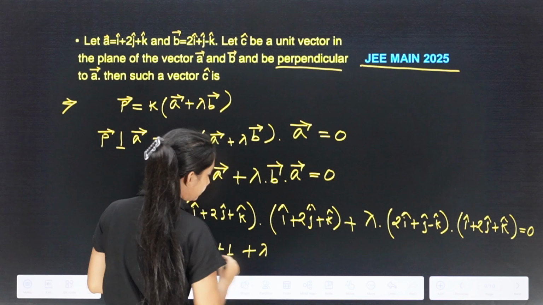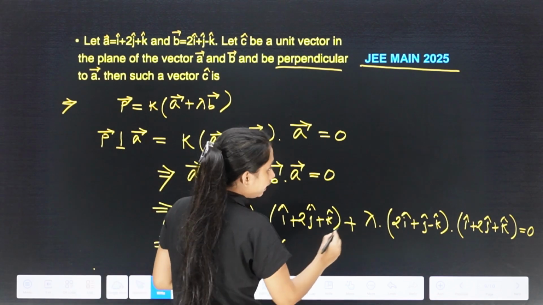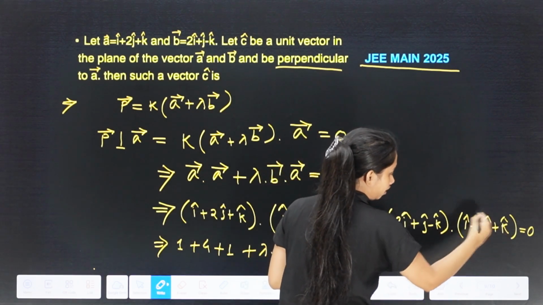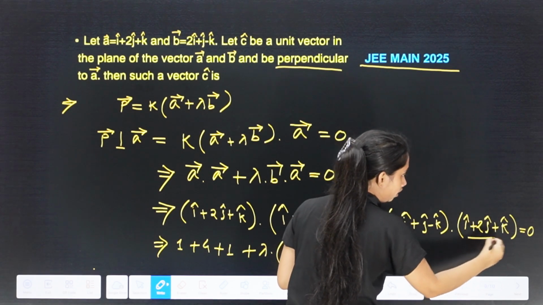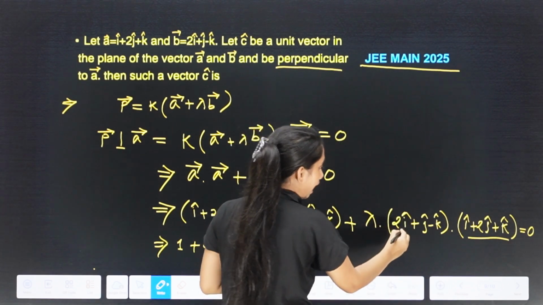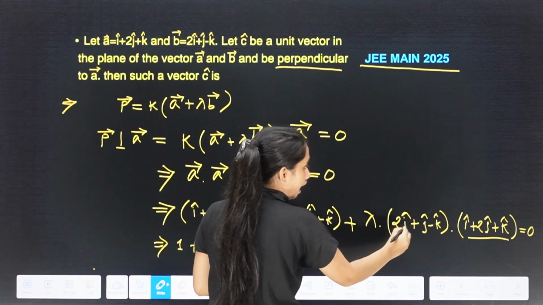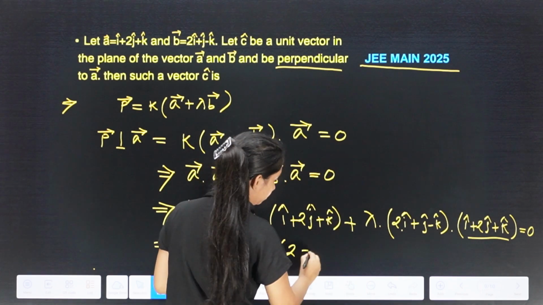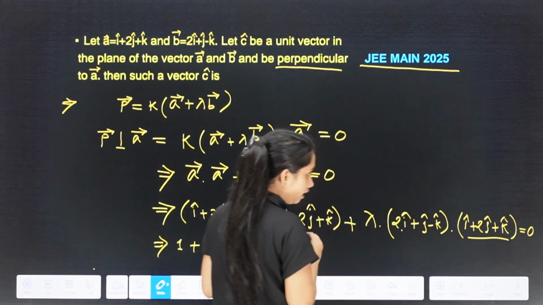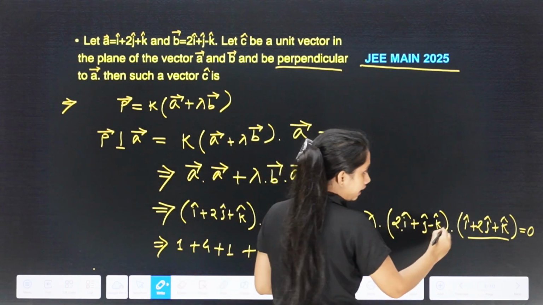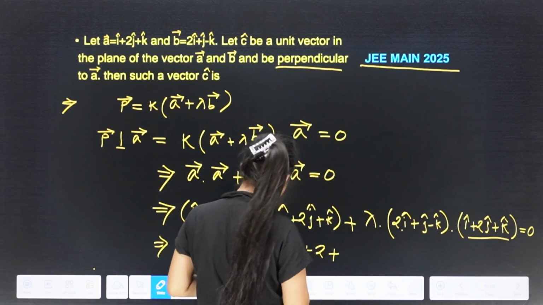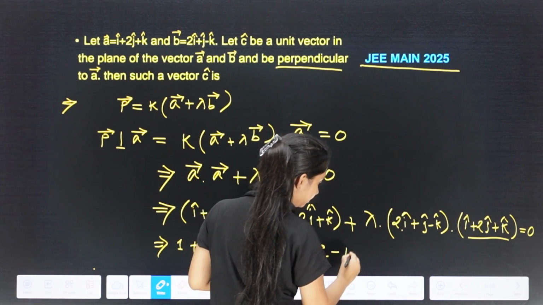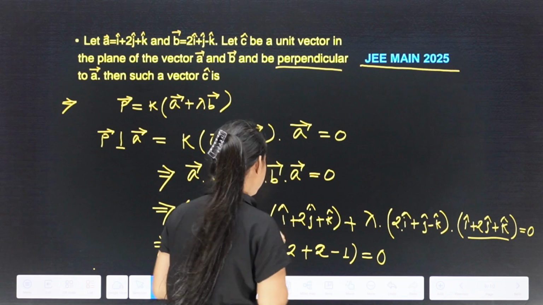Again plus lambda into, here we don't need to multiply with all of this, because we only need to multiply i with i, that is 1, so it would be 2 into 1, plus j into j, 1, so it would be 2, plus k into k, 1, but here it is minus, so it will be minus 1. So easy, I guess, and it is equal to 0.